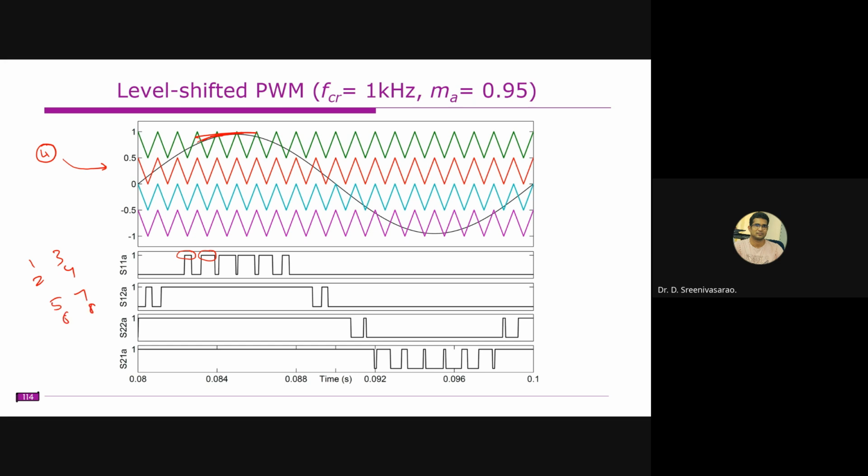So this will generate the switching signals for this one, this for this, and this is for 8, 7, with the complementary being 7, 1, and this is 4, and this complementary will be the third switch in this one. So each carrier interacts with the modulating signal, and accordingly generates the firing signals.